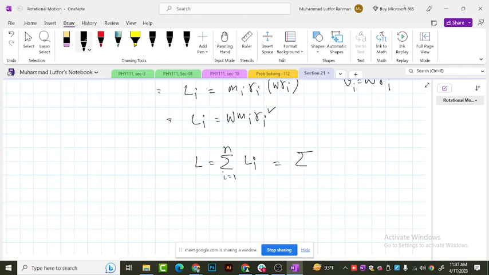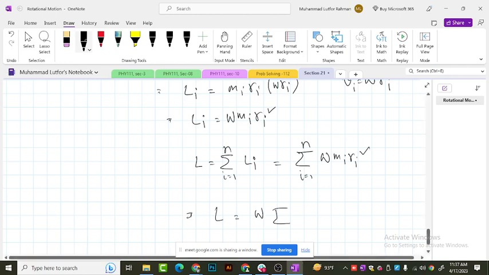Then it is the sum from i equals 1 to n of omega mi ri, that is the value of Li. Then I can write this simply as omega times the summation from i equals 1 to n of mi ri square, right?